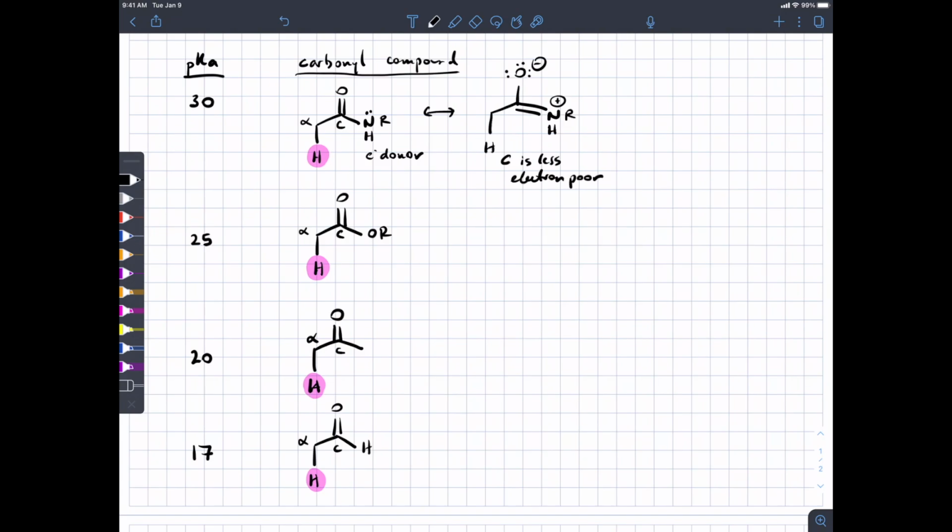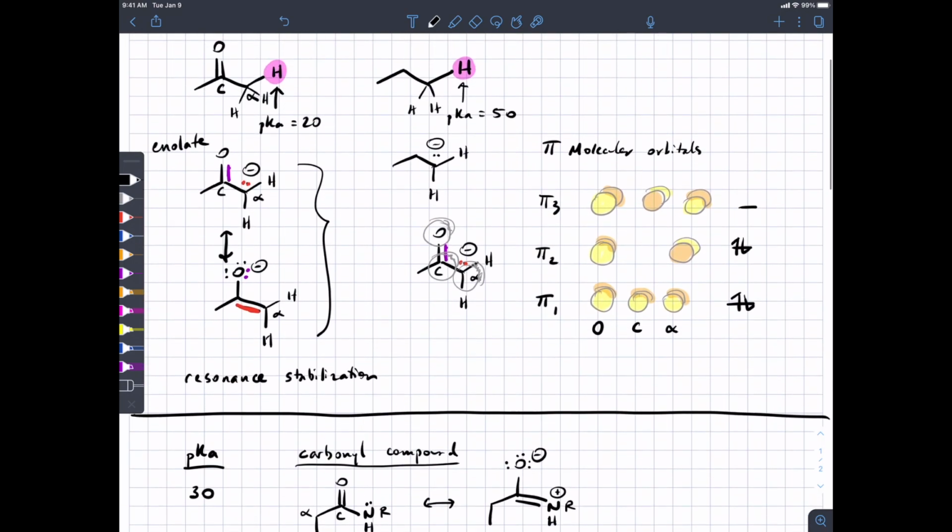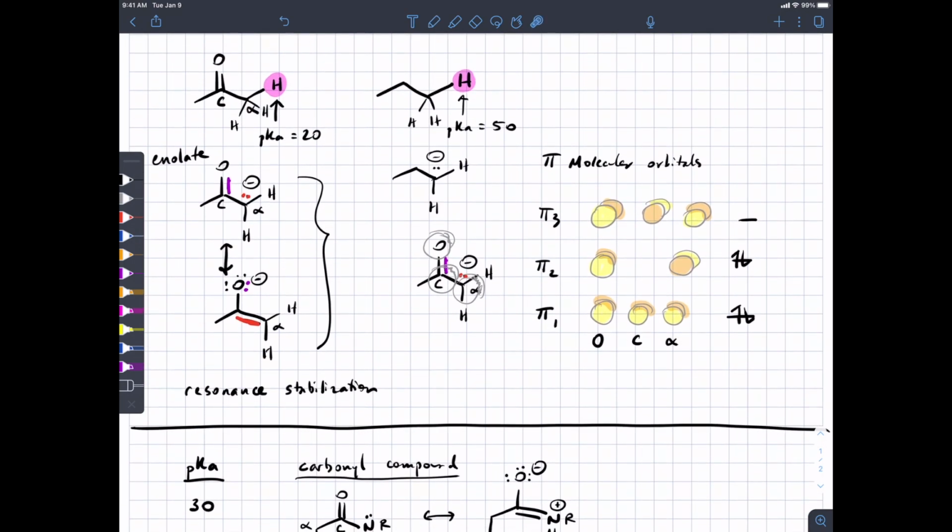What should that have to do with acidity of that alpha proton? Well, consider the reason that alpha protons are acidic in the first place, and that is they can delocalize their electrons. The conjugate base can delocalize its electrons into the carbonyl.